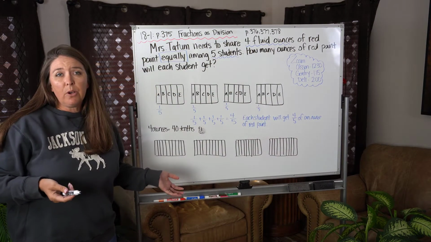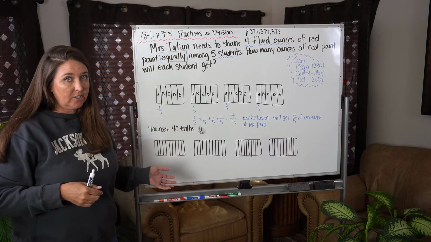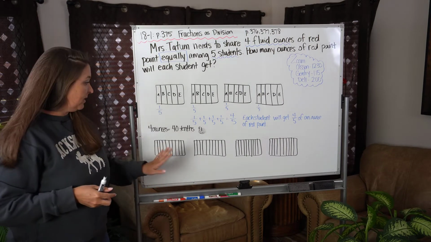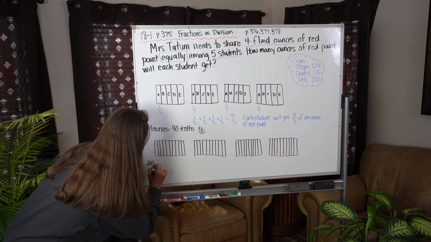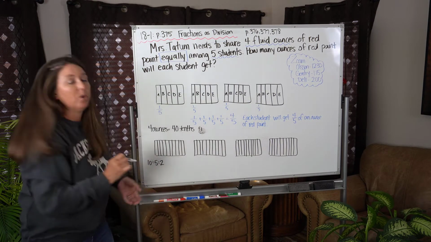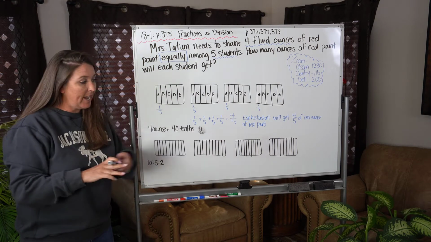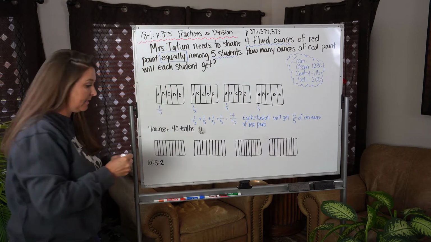Okay, in order to know how many tenths I need to shade, remember that there are 5 students. So now I'm going to take my 10 holes, 10 divided by 5 to get 2. So each student for each ounce is going to represent 2 tenths.